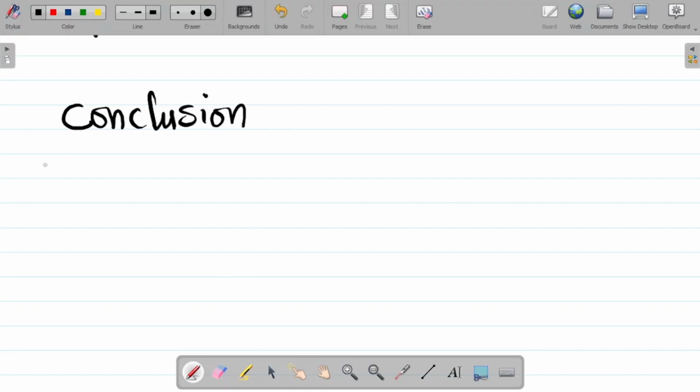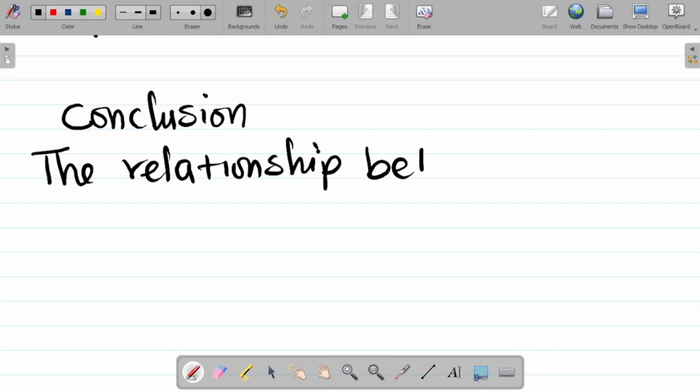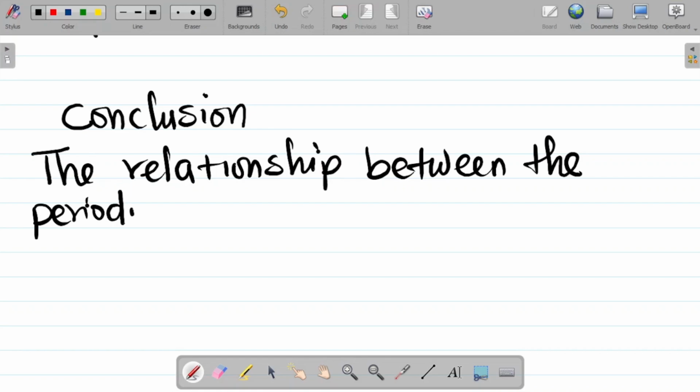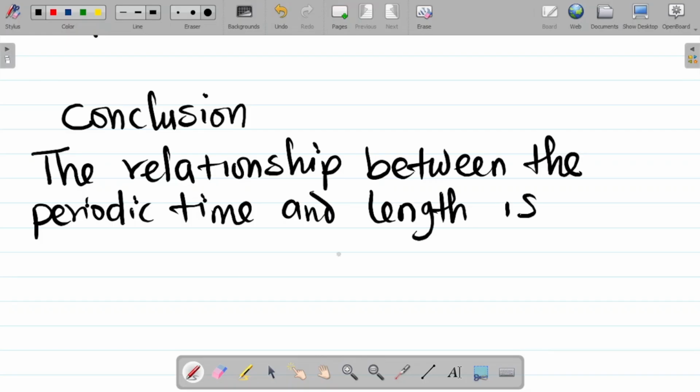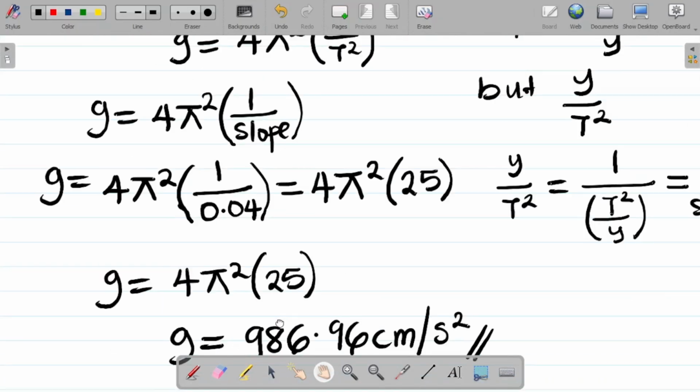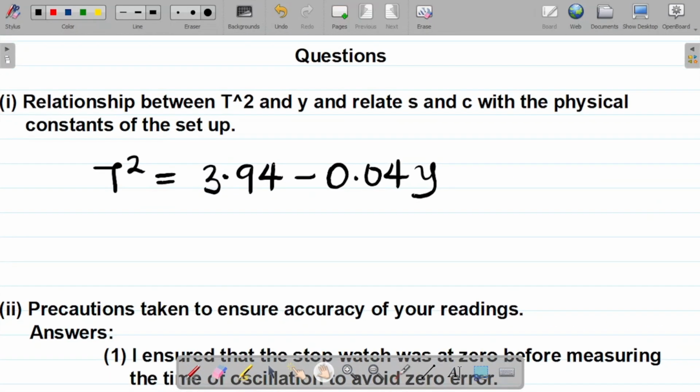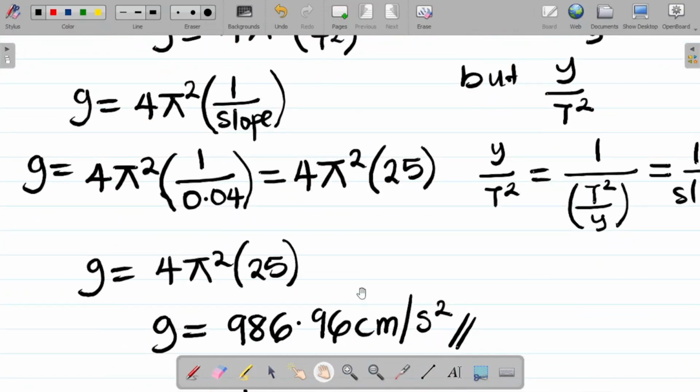So in conclusion, we can say that the relationship between the periodic time and length is that t squared is equal to, back to that equation, what do you have there? T squared is equal to 3.94 minus 0.04y.